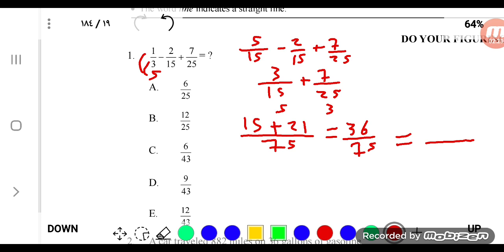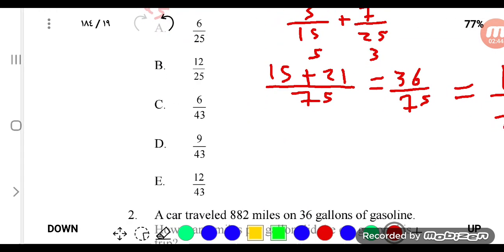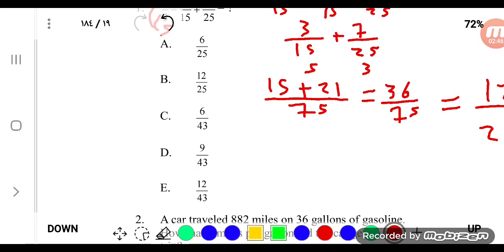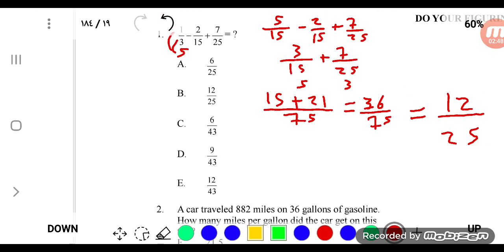Let's choose 3. 36 divided by 3 is 12. 75 divided by 3 is 25. So the final answer will be option B, 12 over 25. Option B.